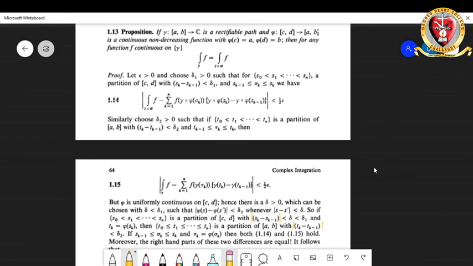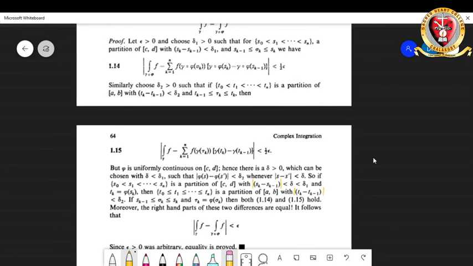You can prove it very easily by using the theorem which we mentioned earlier and using the correct partitions, correct usage of epsilon, delta 1, delta 2, also sigma k and tau k. And also that the function phi is uniformly continuous. Using all these facts, you can easily get proposition 1.13 proved.